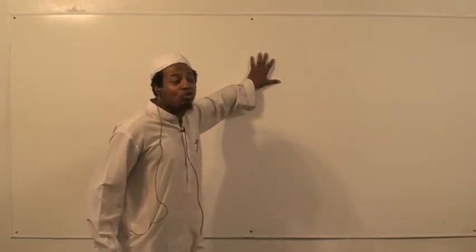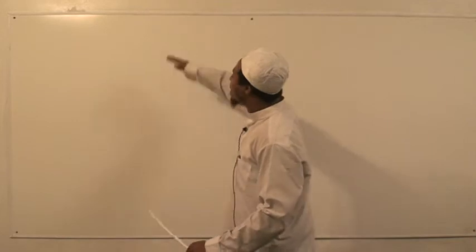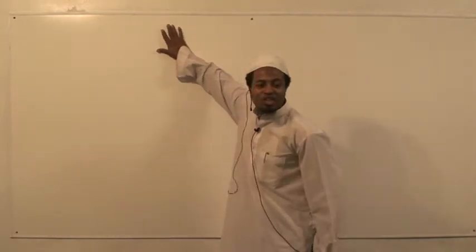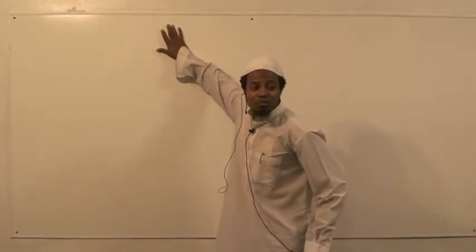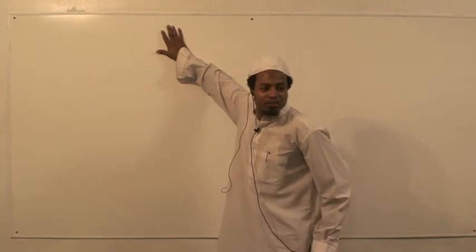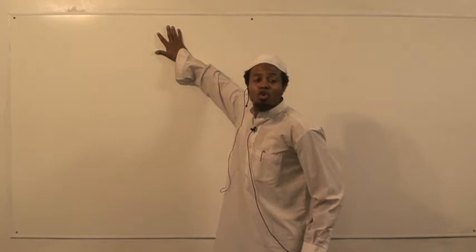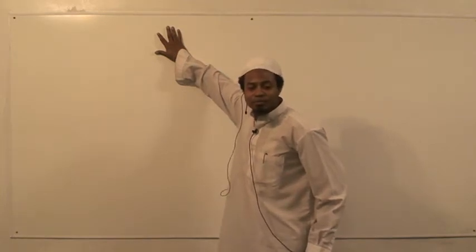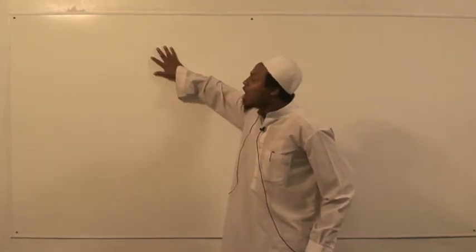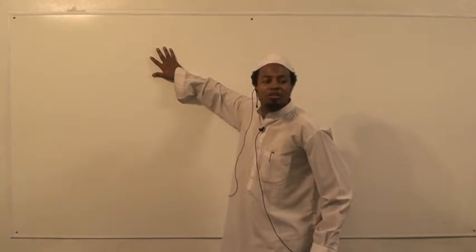Now, fi'lul mudari. Now, hold it. Before we go, let's go to the ism. And ism, it changes. Didn't we say earlier? Ja'a mukhlisun. Ra'aytu mukhlisan.